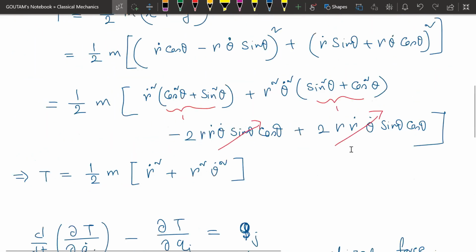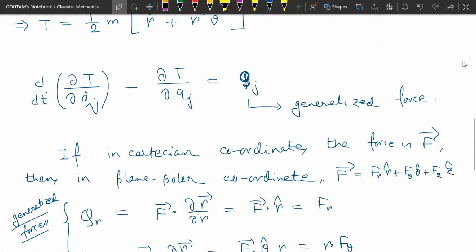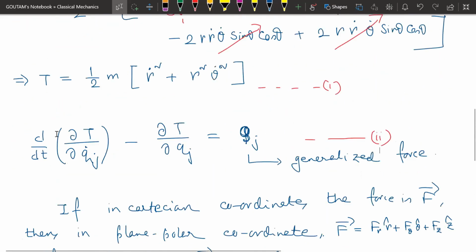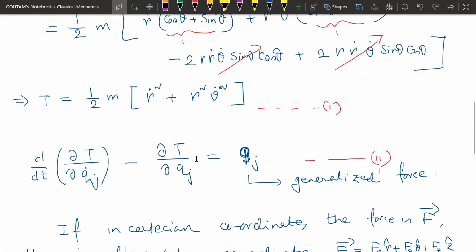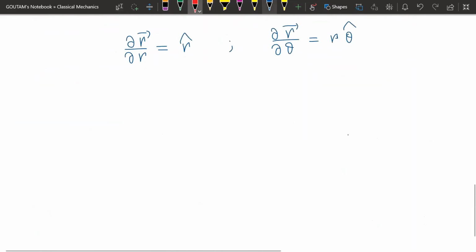Now we have the kinetic energy, and in this equation, let's say this is equation 1 and this is our equation 2. From equation 2, we can write the equation in the r direction, and then in the theta direction also.